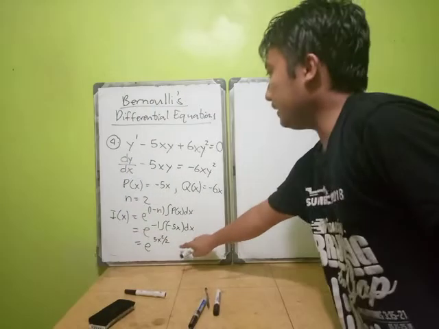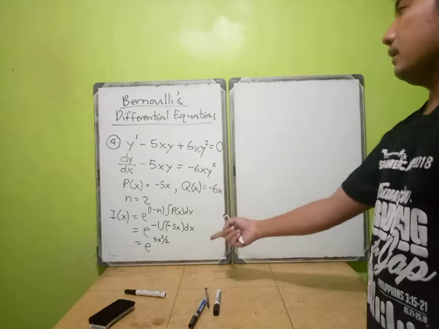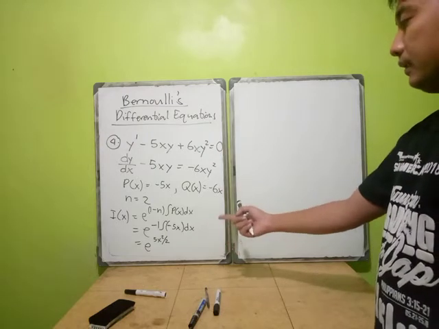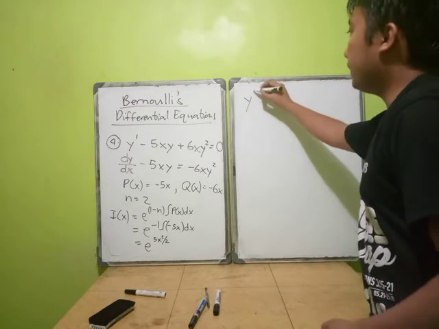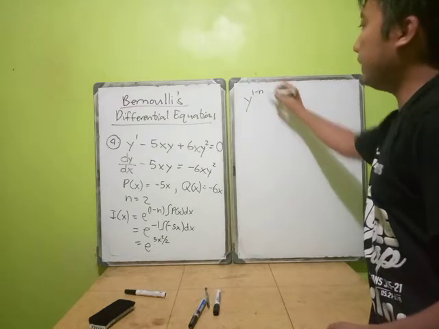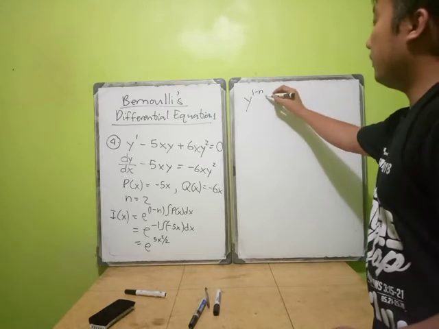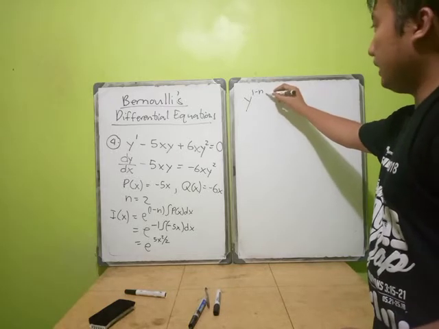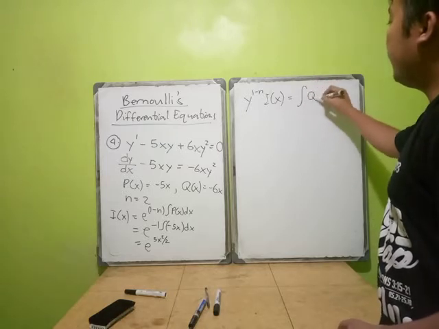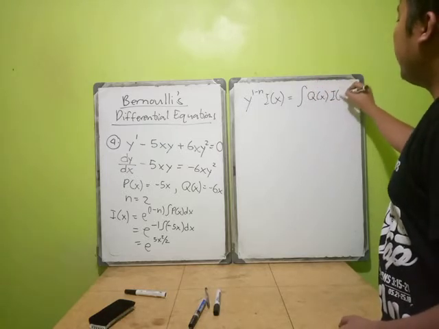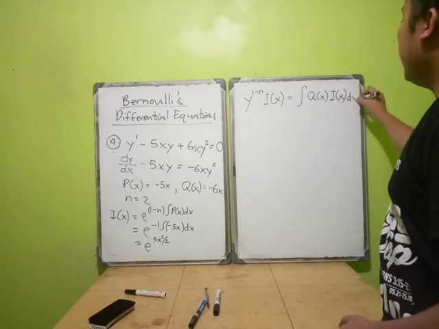Okay? So, this integrating factor, okay, so we could use it and put it in this template. Okay? Y to the 1 minus n, I of x is equal to q of x, I of x, dx.